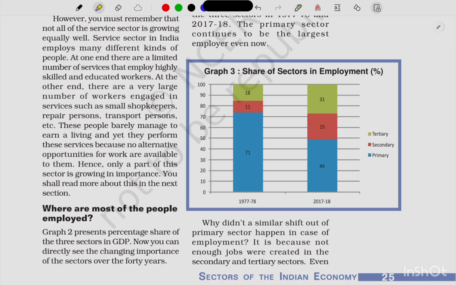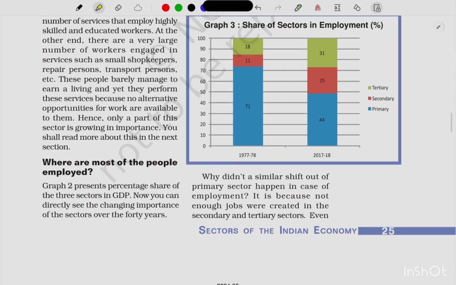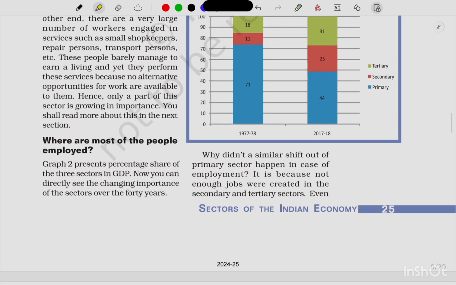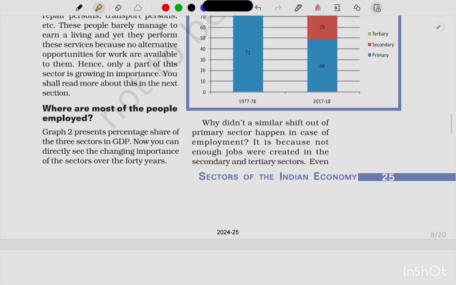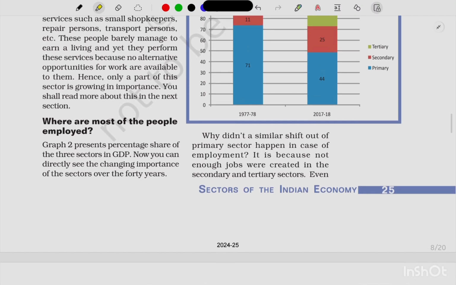At the other end, there is a very large number of workers engaged in services such as small shopkeepers, repair persons, transport persons, etc. These people barely manage to earn a living, and yet they perform these services because no alternative opportunities for work are available to them. Hence, only a part of the sector is growing in importance. You shall read more about this in the next session.